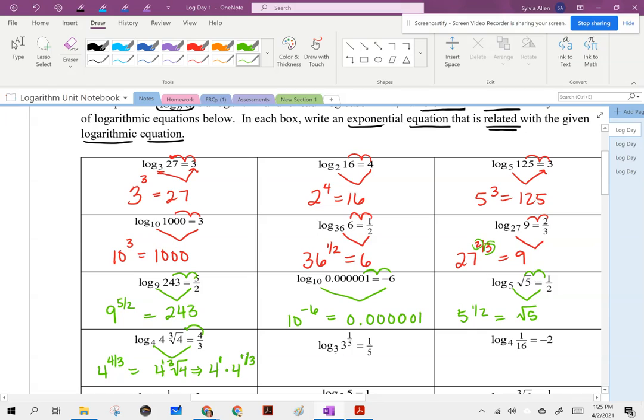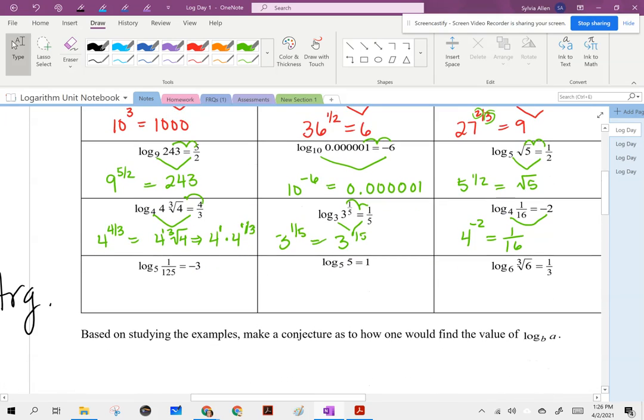All right, I'm going to try 3 to the 1/5 is equal to 3 to the 1/5. 4 to the -2 is equal to 1/16. 5 to the -3 is equal to 1 over 125.